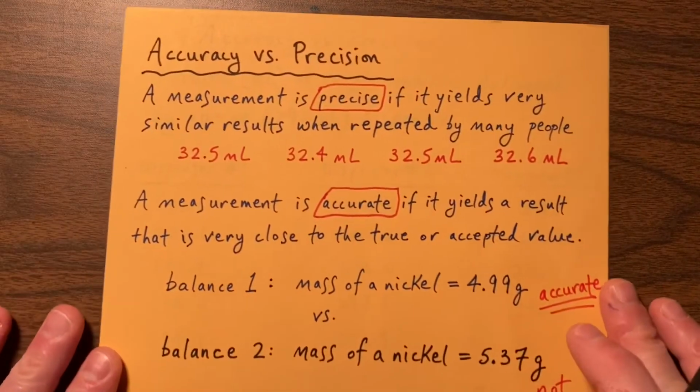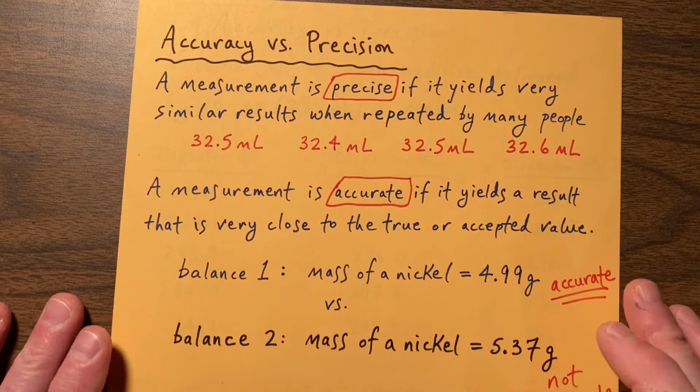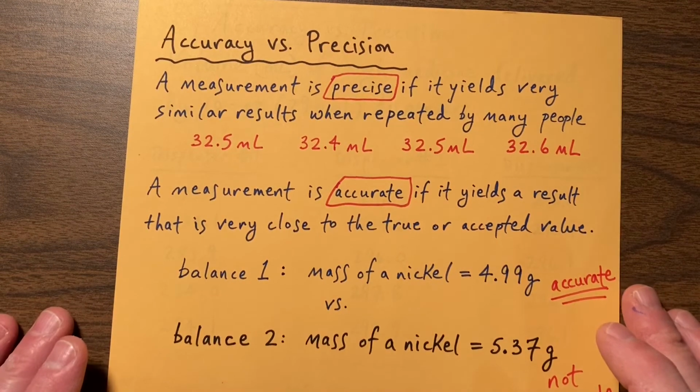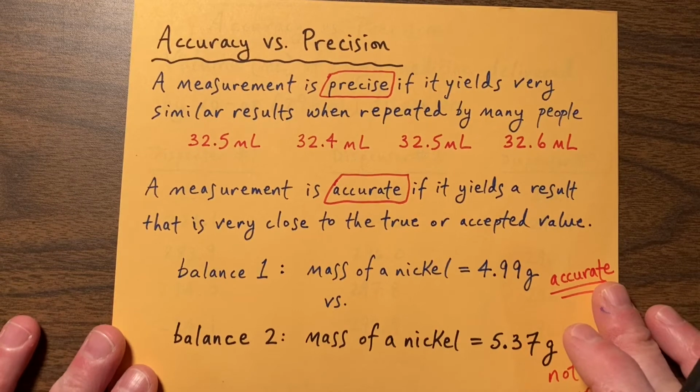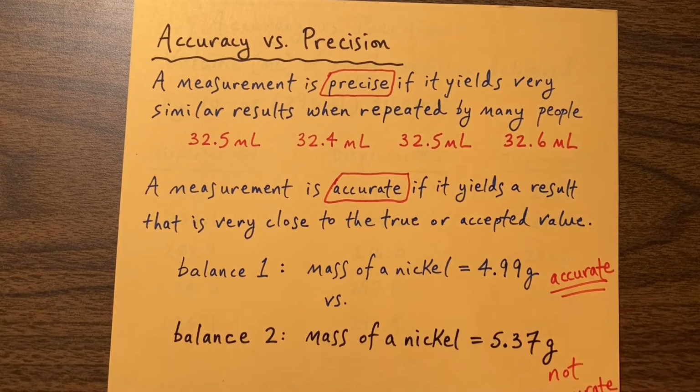Now, the other thing I want to clarify is a lot of people seem to confuse accuracy versus precision. A lot of people use them in the inverse way, or they think they're the same thing, but they're not the same thing, at least in science class. A measurement is considered precise if it yields a very similar result when you repeat it many times.